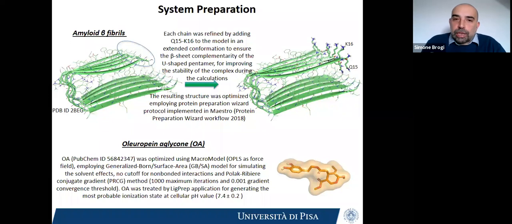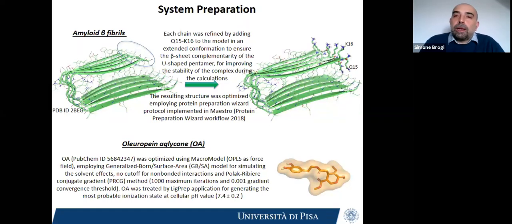This kind of calculation was performed by using quantum mechanics and molecular mechanics techniques. This kind of optimization was found to improve the stability of the complex during the calculation, as already demonstrated also by us.